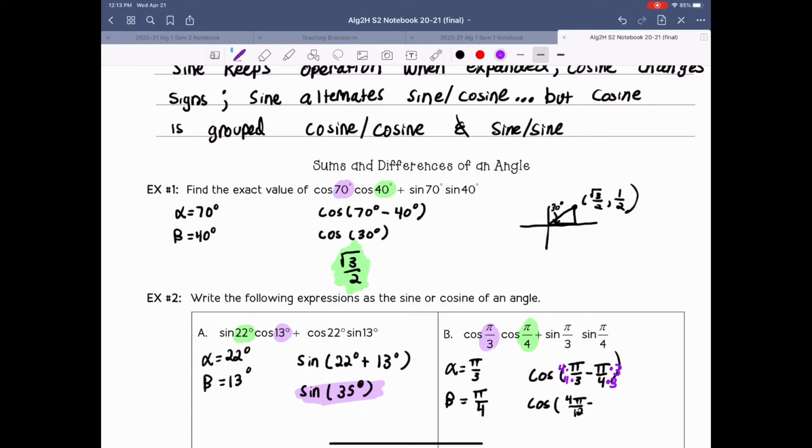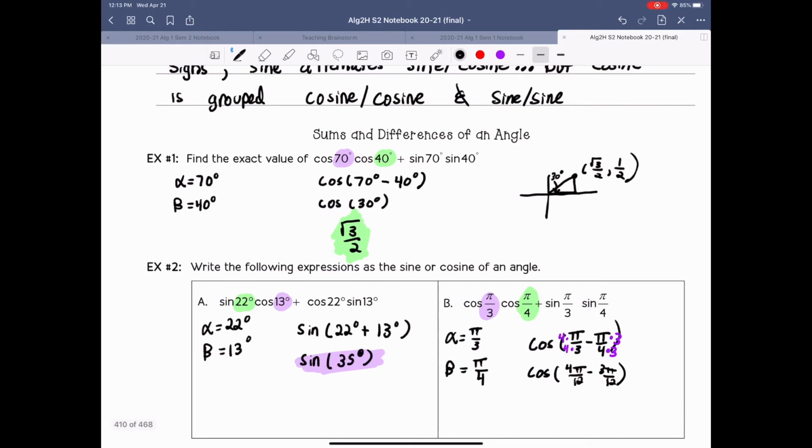So multiply the top and the bottom by 3. So we're going to subtract 3 pi over 12. I know that 4 pi over 12 minus 3 pi over 12 is going to give me 1 pi over 12. So we are actually finding the cosine of 1 pi over 12. And the question did not ask us to solve all the way. So this is just going to be my final answer.